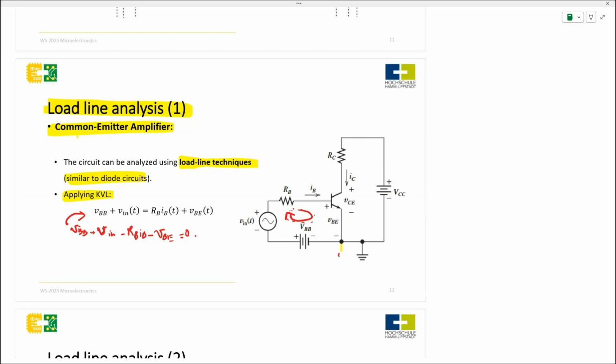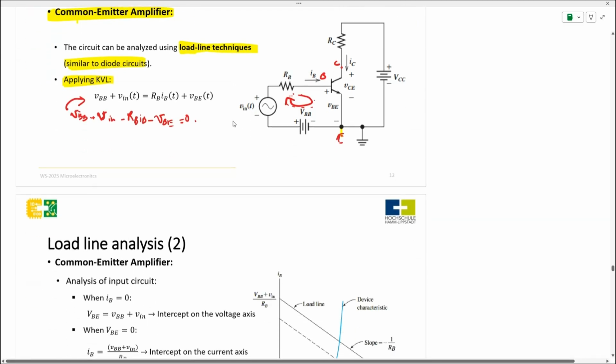Remember, this is your emitter, here your base, and here your collector. This is our common emitter amplifier.